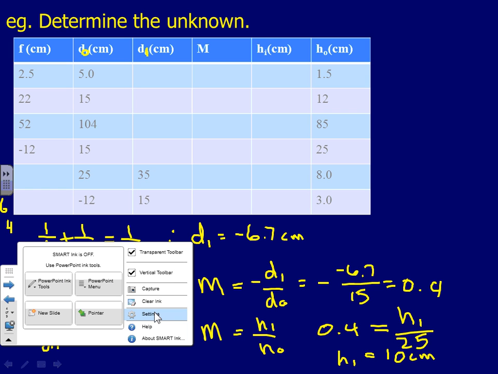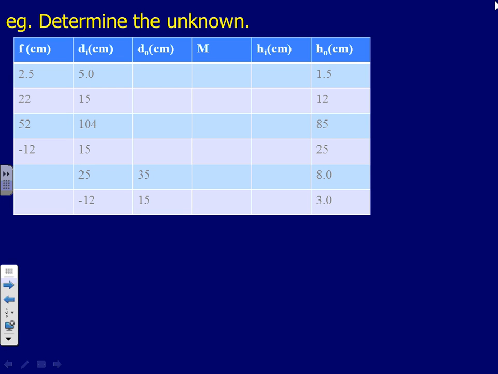I'm going to keep going. Clearing. 0.4 times 25. Is that 10? It's 10. It came from here. 0.4 times 25. Number 6.